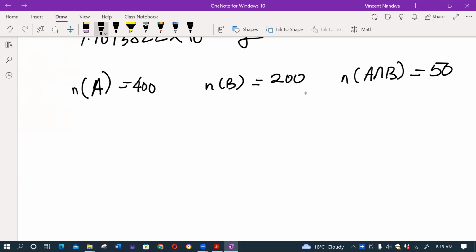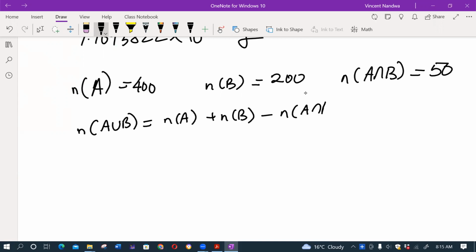So out of the 500 car owners investigated, we know that the cardinality of A union B is given by the cardinality of A plus the cardinality of B minus the cardinality of A intersect B. So this will give us 400 plus 200 minus 50.